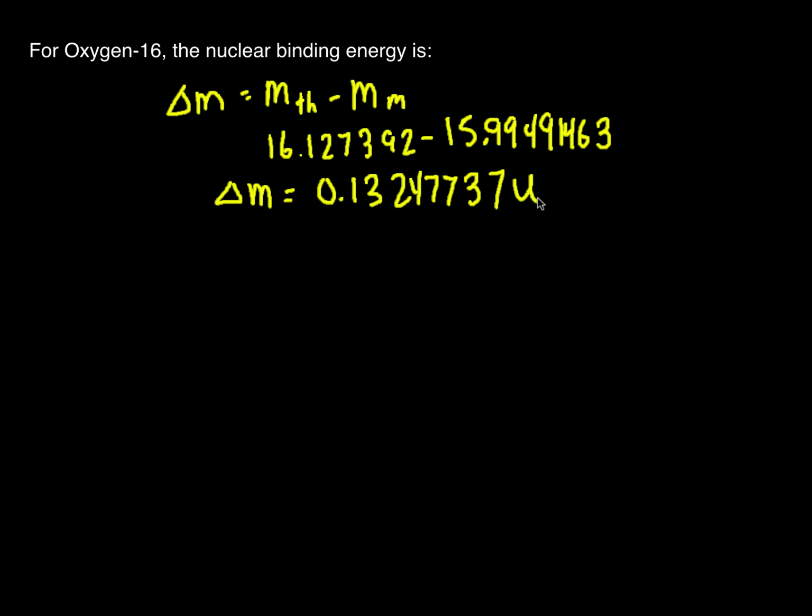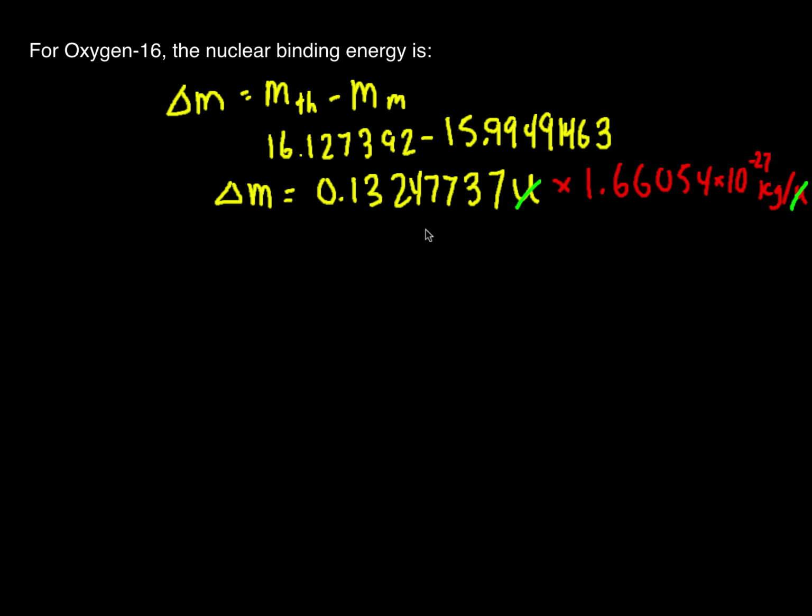This mass defect is equal to 0.13247737 atomic mass units. To calculate energy from mass using Einstein's equation, we need to convert this mass into kilograms. So we multiply by 1.66054 times 10 to the negative 27 kilograms per atomic mass unit. Atomic mass units cancels out and leaves us with kilograms.